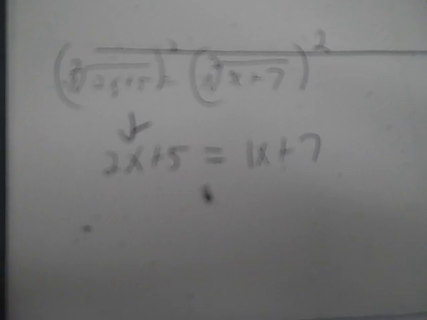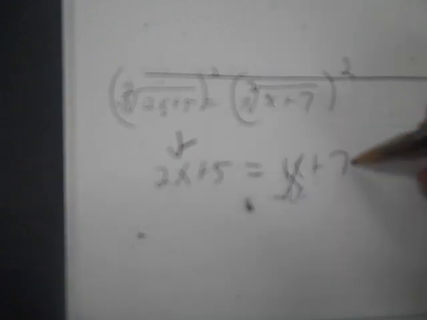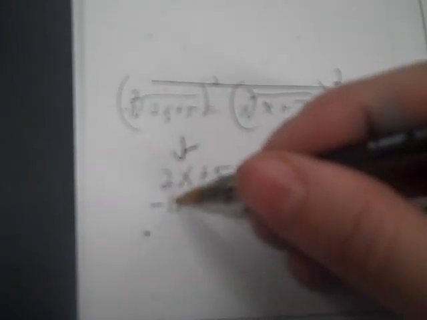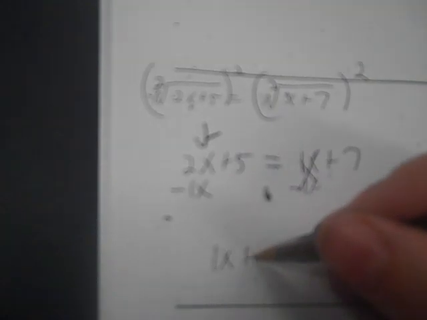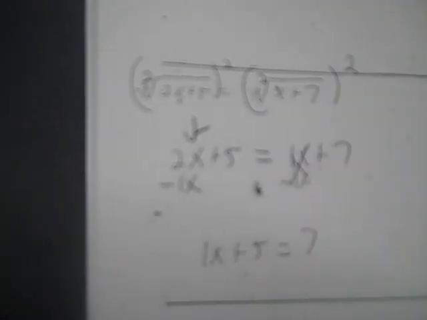Now, here's what a lot of people do, kind of stupidly. You have x. You don't have x squared. So don't move everything to one side. You're wasting your time. Take one of the x's and subtract them. Keep the 7 put. 1x plus 5 equals 7.